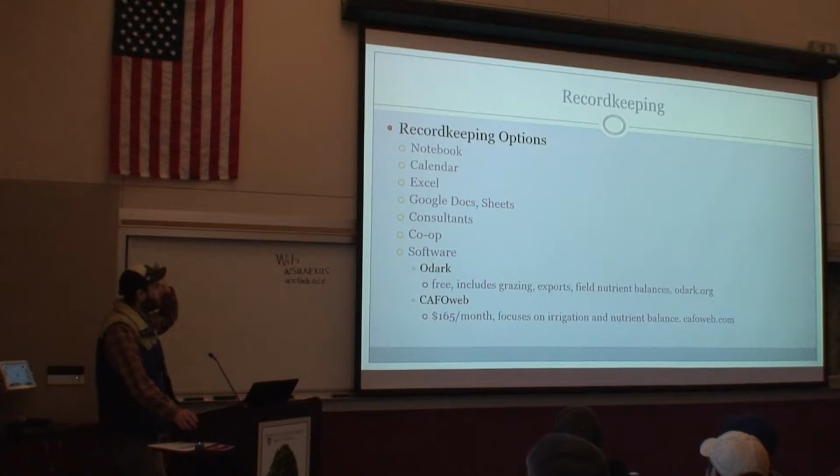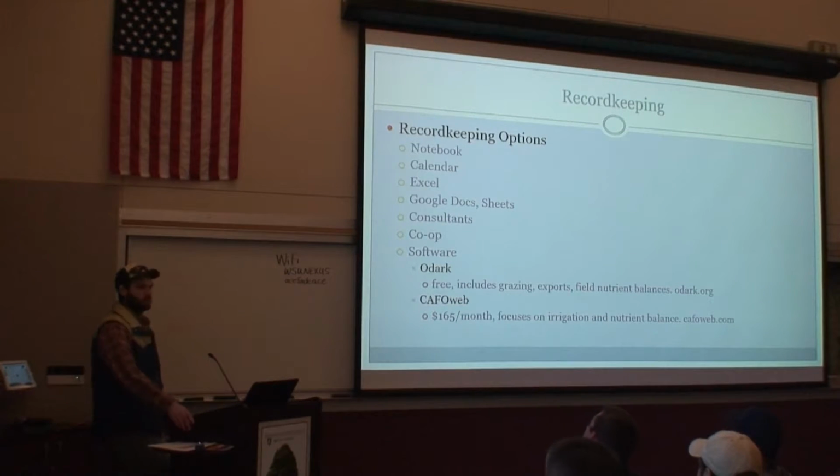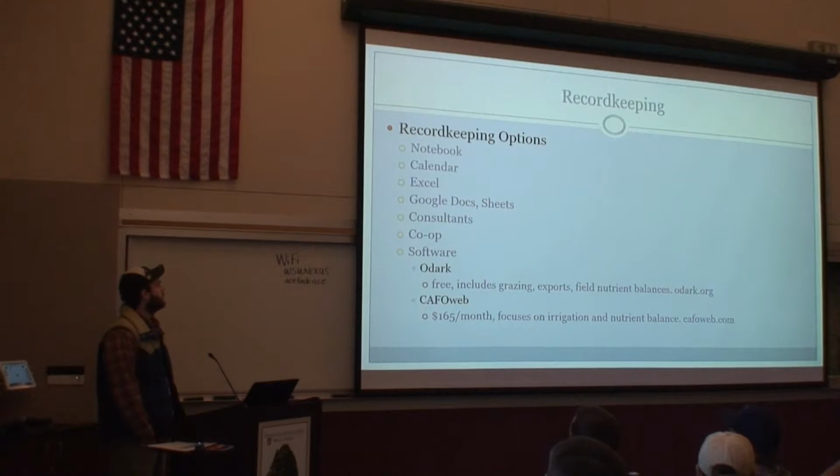But really, any of these options are acceptable. You don't need to make it too complicated. If you're not a smartphone guy but you do a really good job with keeping things on napkins, you can keep things on napkins. But the notebook, for example, works really great.